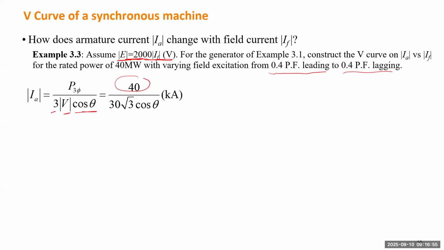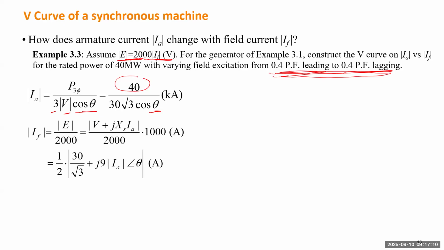So you see this armature current will be a function of power factor angle theta. The only variable will be theta. If we know theta, we'll be able to calculate the armature current. The theta will be changing depending on those power factors. And the field current is simply proportional to the excitation voltage, which, based on the equivalent circuit, will depend on this one.